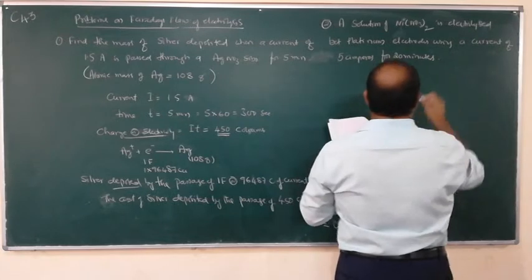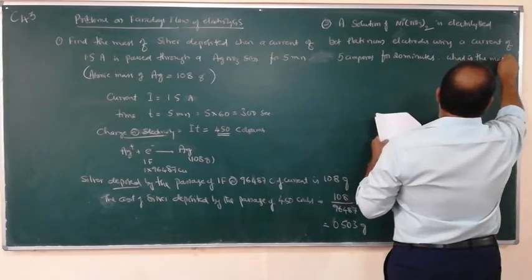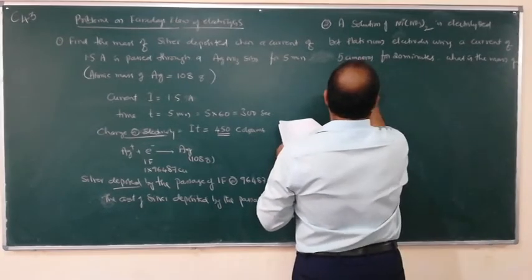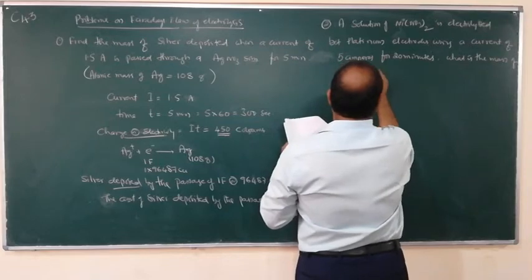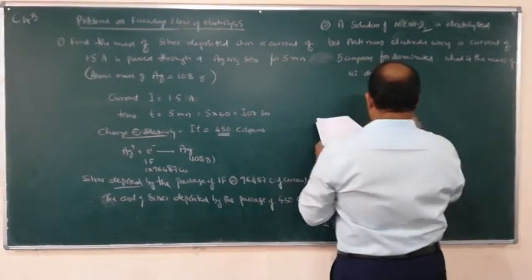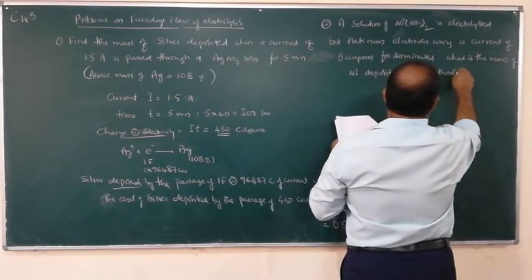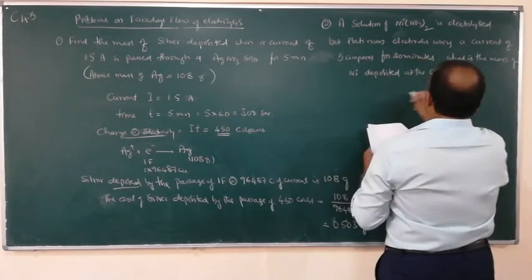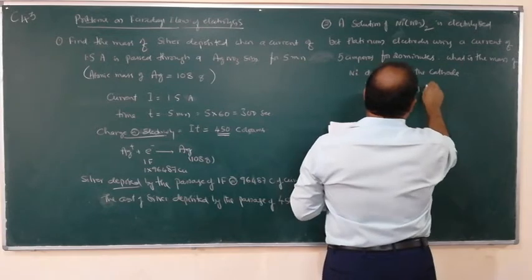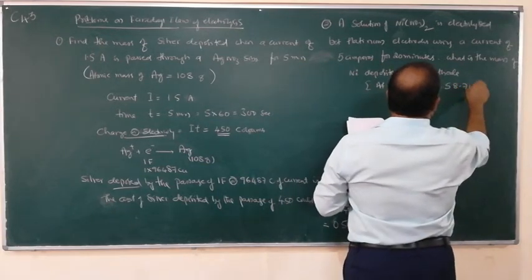What is the mass of nickel deposited, Ni deposited at the cathode? So similar problem. So atomic mass of nickel equals 58.71 gram.